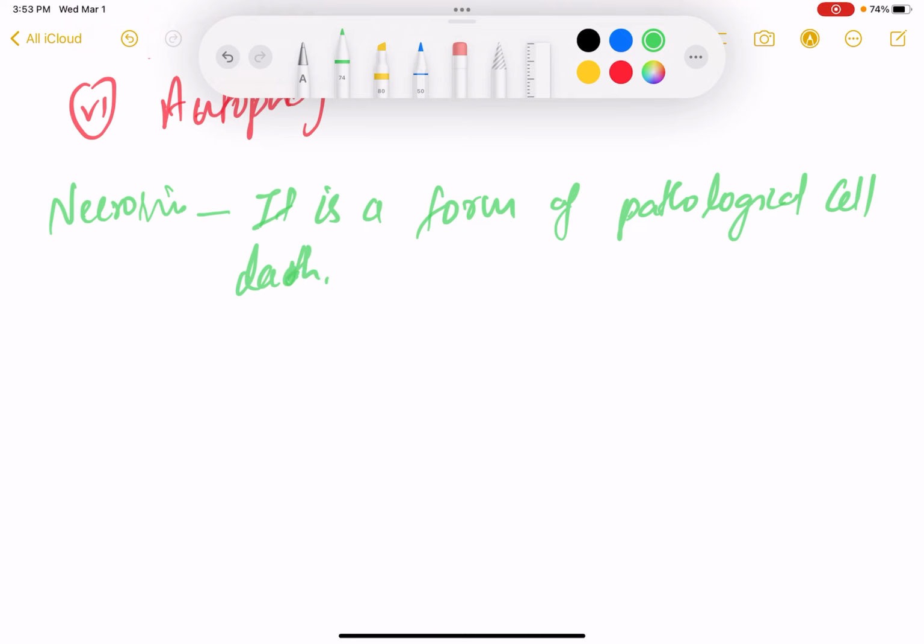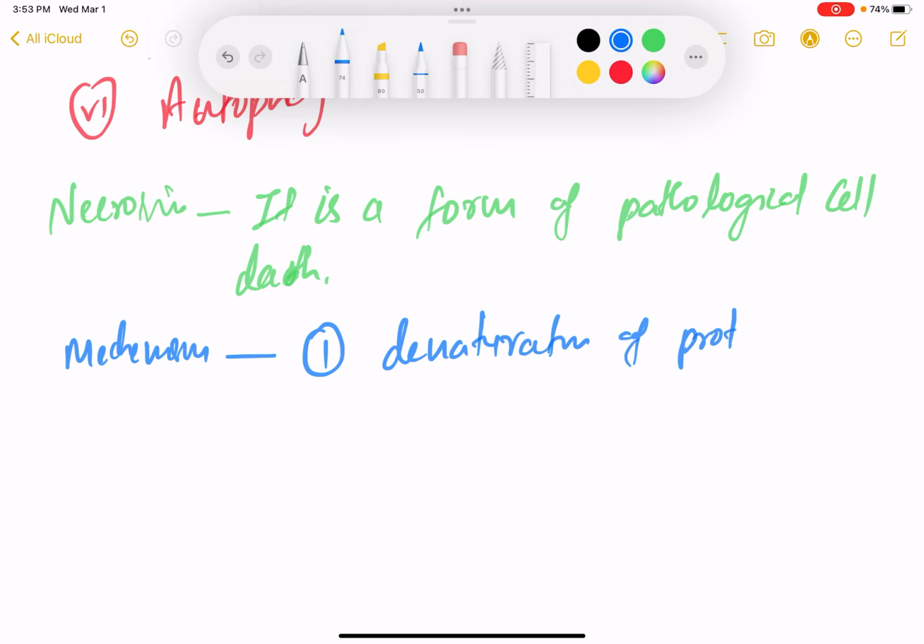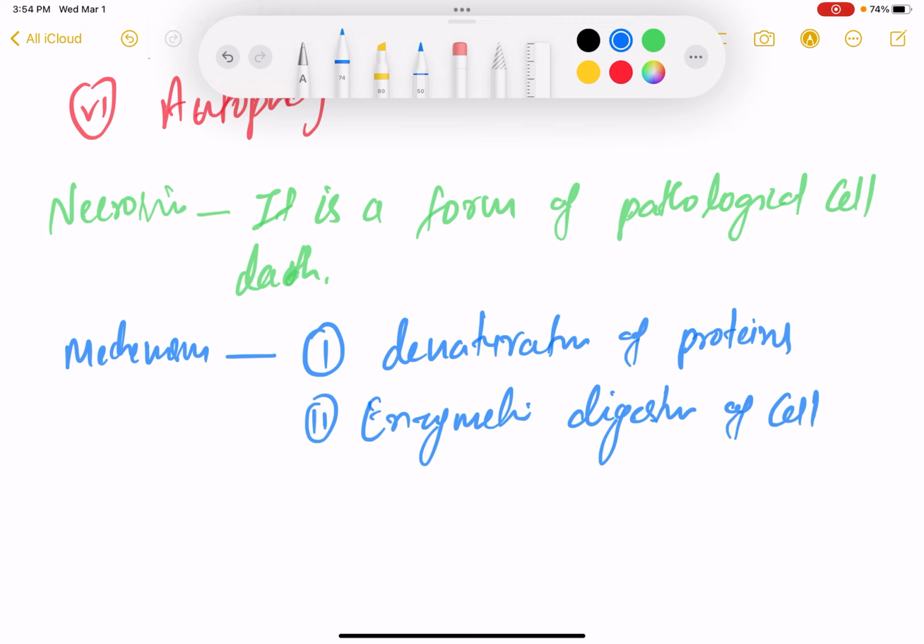So the mechanism of necrosis is basically denaturation of protein, and also enzymatic digestion of the cell.